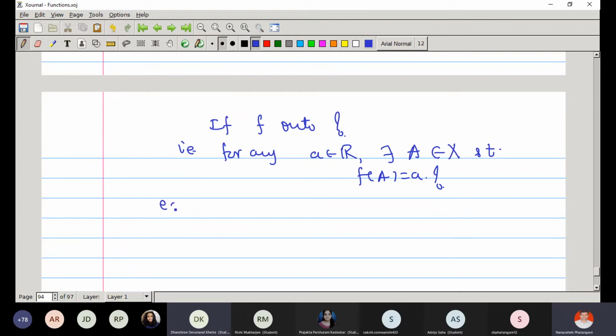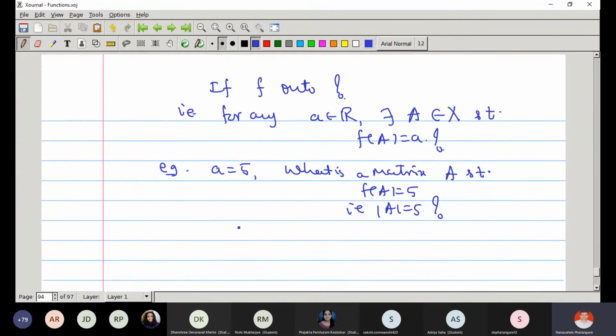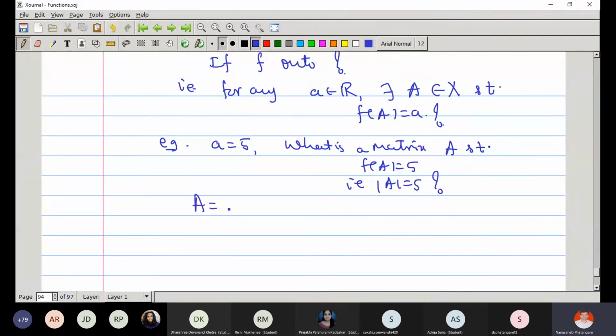For example, if a is equal to 5, then what is a matrix A such that f of A is equal to 5, that is, determinant of A is equal to 5? Can you find such a matrix? It is very simple.